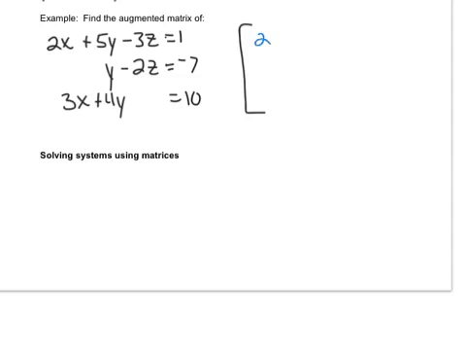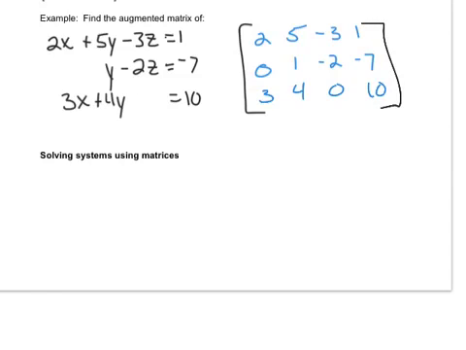And that's what goes in there, 2, 5, -3, and 1. Second row is going to be a 0 for the x, a 1 for the y, -2, and -7. 0, 1, -2, -7. Finally, the third row is going to be 3, 4, 0, and 10. So that's what that looks like.